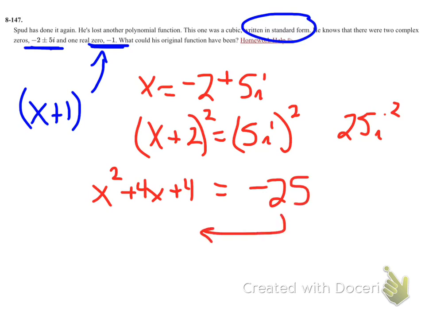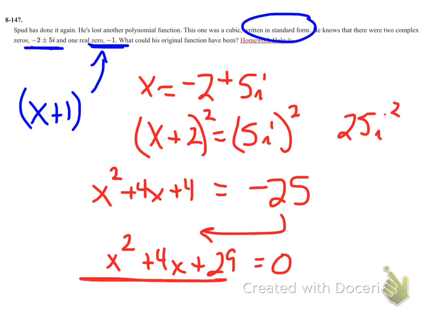I then move that over to the other side and it gives me x squared plus 4x plus 29 equals 0. This is the quadratic that gave us those roots. Therefore, that is the other factor. So now what I'm going to do is take these factors.